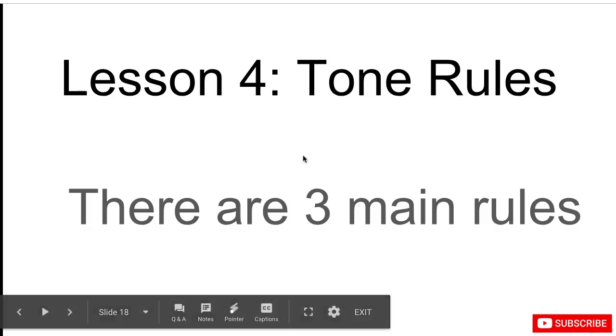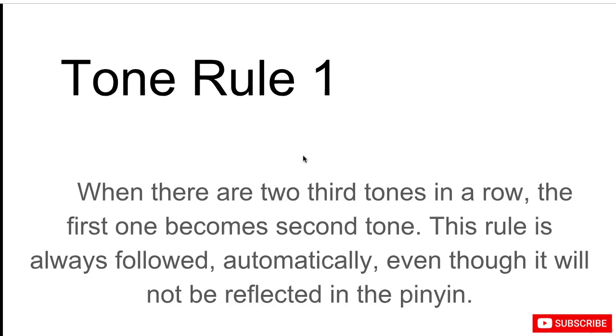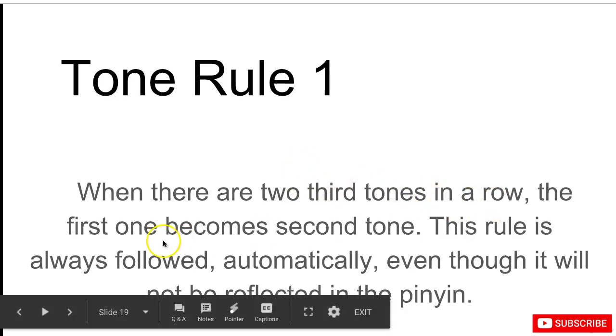So now there are 3 main rules for when the tones are standing next to each other in a word. So if you're looking at a word that has one tone and then another tone is following it, there are 3 main rules, because the first tone usually changes the next tone following it. So we're going to see the first rule. It says that when there are 2 third tones in a row, the first one becomes the second tone.